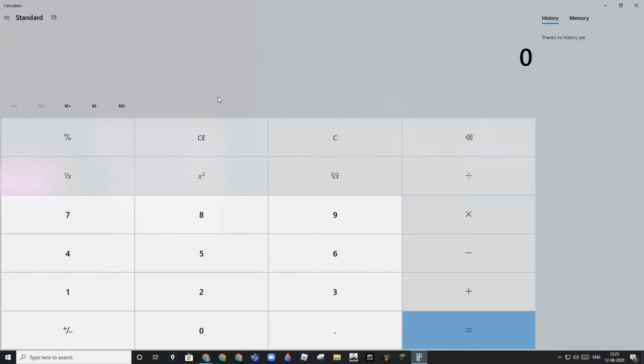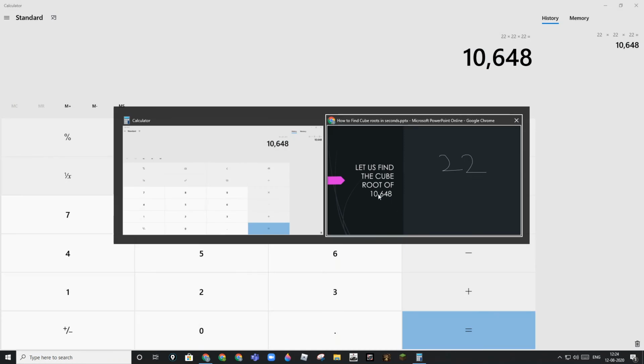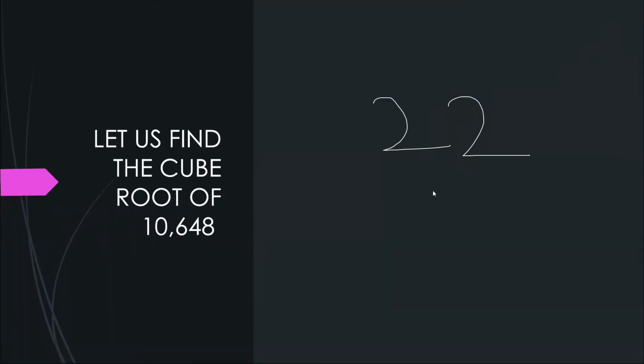So the answer we got is 22. 22 multiplied by 22 multiplied by 22 is equal to 10,648, which is the number we started with. So this is how you do it. That's very easy. Let's go next.